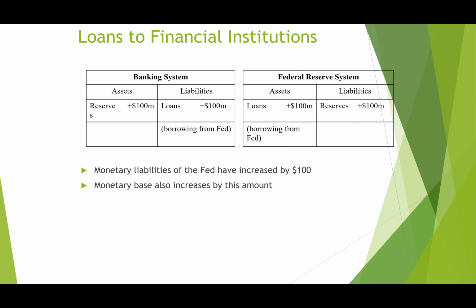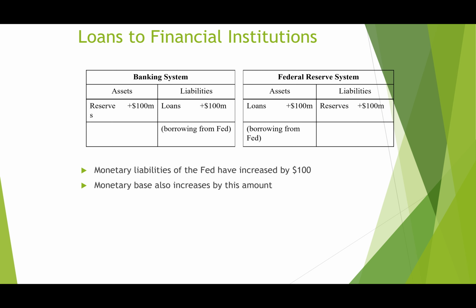Now let's have a look at the discount window. What happens when the Fed makes a loan through the discount window? A bank comes along to the Fed and says, we want to borrow some money. And the Fed says, okay, we're going to give you a loan.